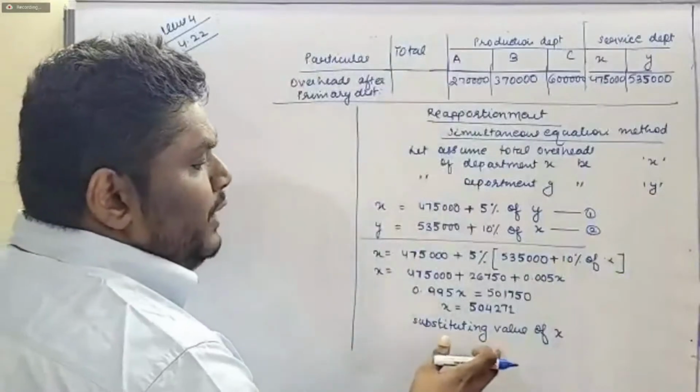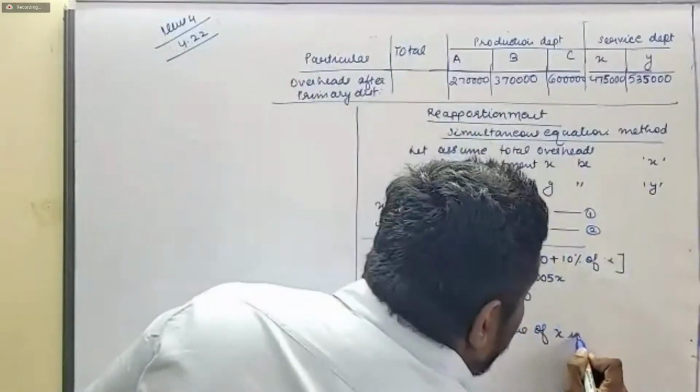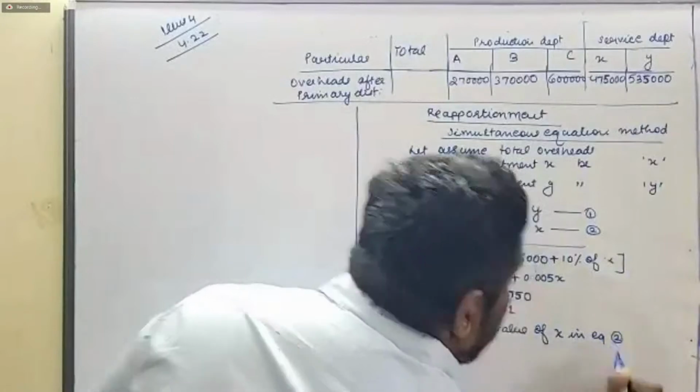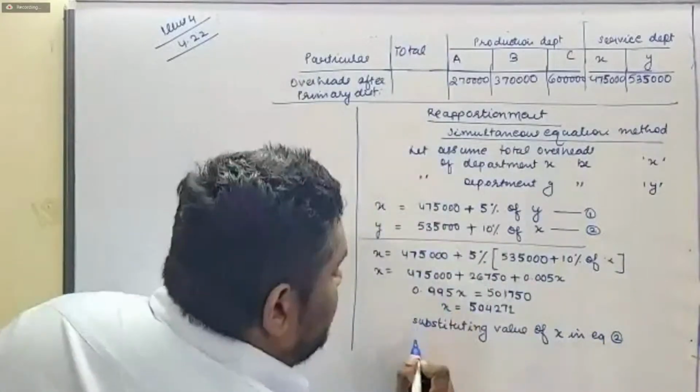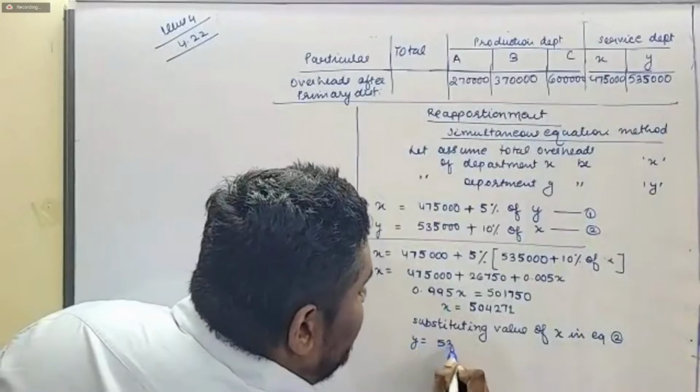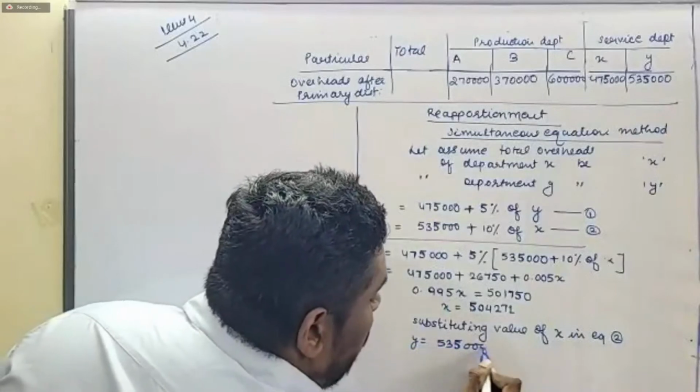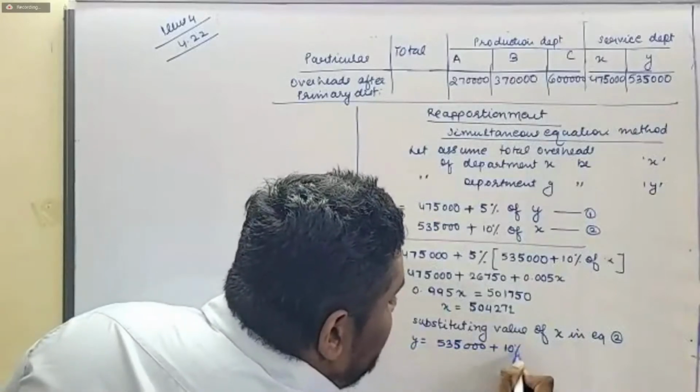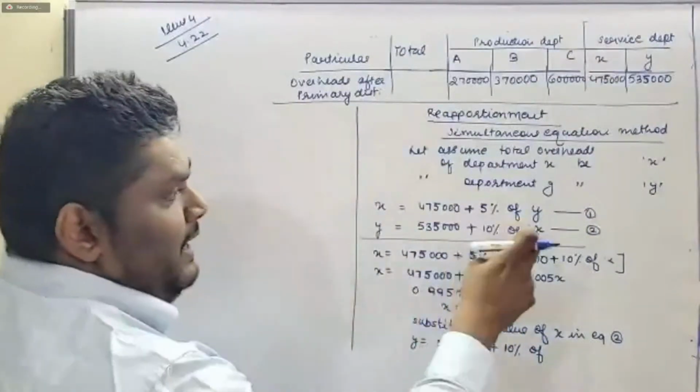So substituting the value of x in equation 2, the value of y will be 5,35,000 plus 10% of x.